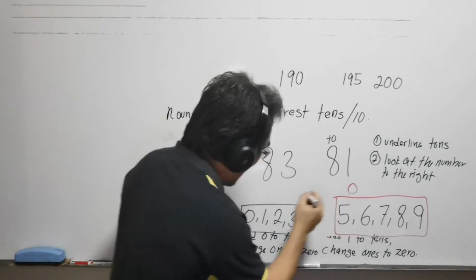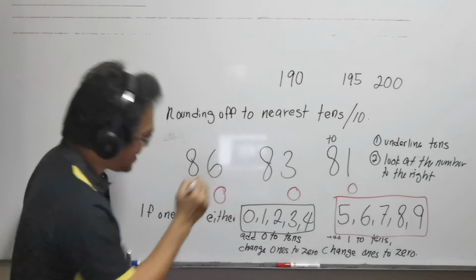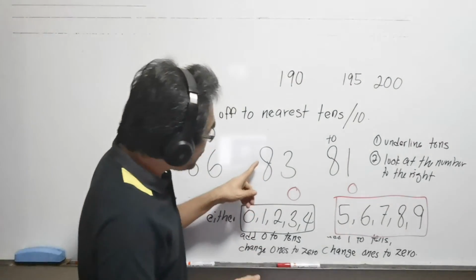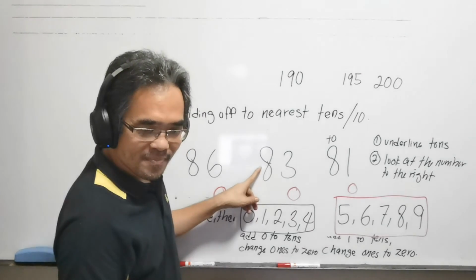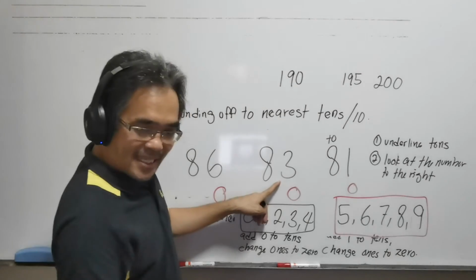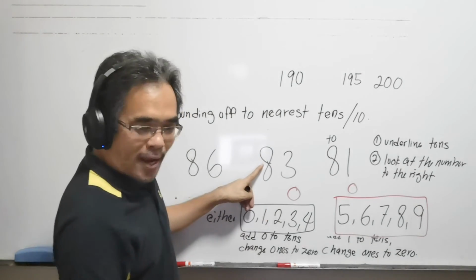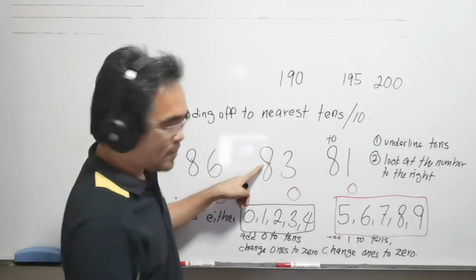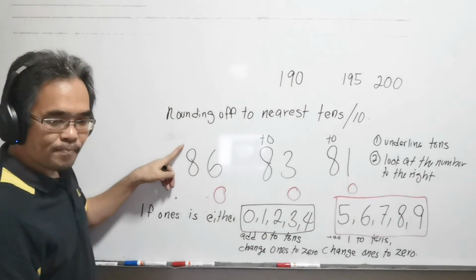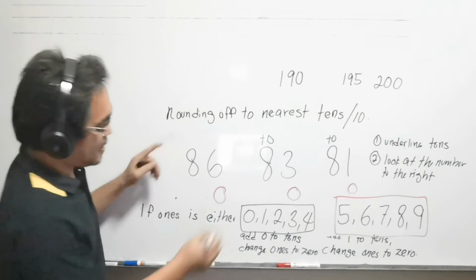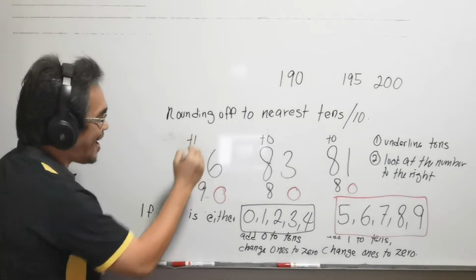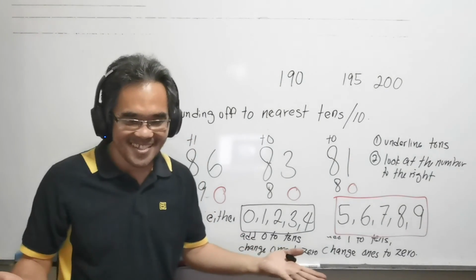All these numbers have to become 0. Okay. So if this is 3, do we add the 1 to it? Plus 0. So if this is 6, do we add 1? That is correct. That's it.